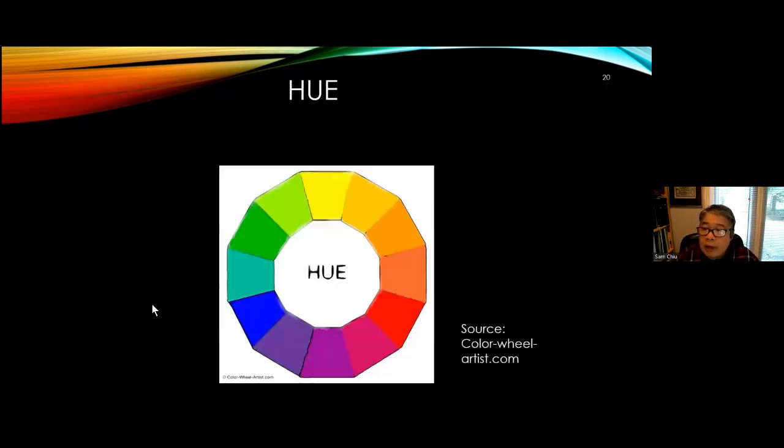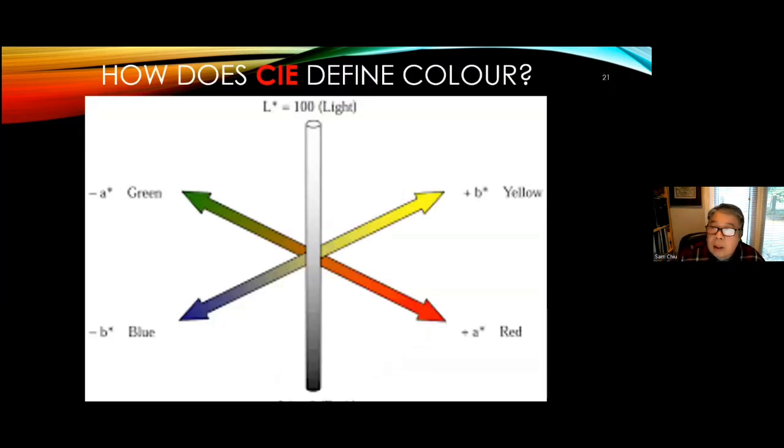Hue, we already mentioned, is what most people call the color. For color scientists, one of the important nomenclatures is the CIE definition of color, where there are three axes. Imagine, in the middle of a room, there's an axis that goes from the brightest white to the darkest black.